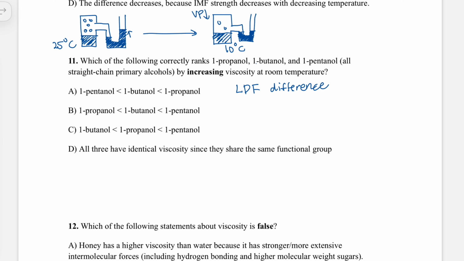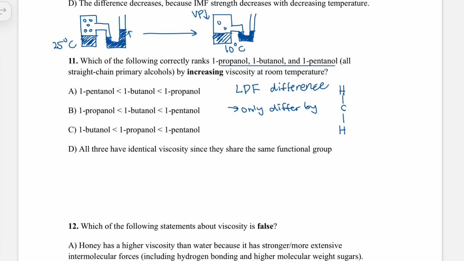An important thing to note is that all of these are pretty much the same, except they all differ by one thing, and that is another carbon or a CH2. And then having an extra carbon or an extra CH2 is obviously going to increase the mass of the molecule.